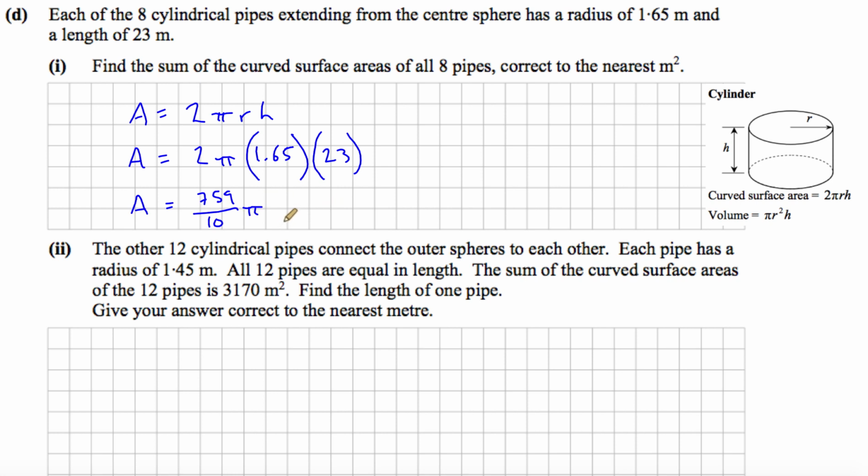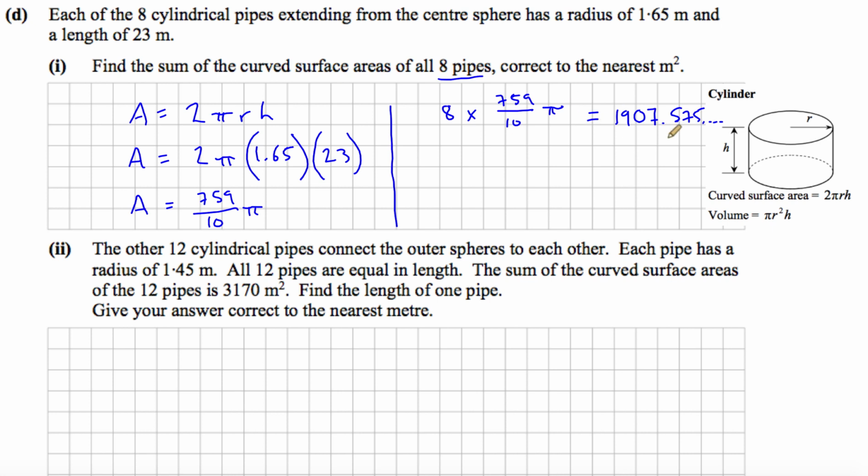So that's the surface area of one of the cylinders. What we want to know is for 8 pipes, so it's going to be 8 times this, 8 by 759 over 10 pi. That gives me 1907.575, and on it goes.